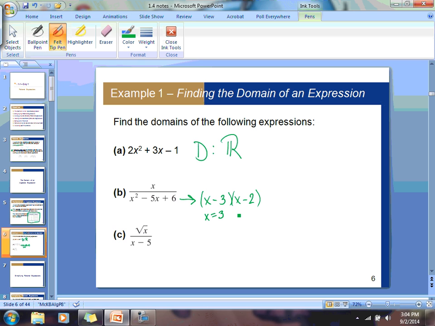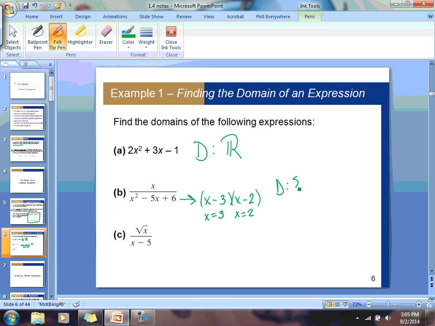Same thing over here. If x equals 2, that would make the x minus 2 into 2 minus 2, which is 0, times whatever's in the first parentheses, doesn't matter. 0 times anything is 0, so that would make my whole denominator 0. So my domain for this problem is going to be any number except for 3 and 2.